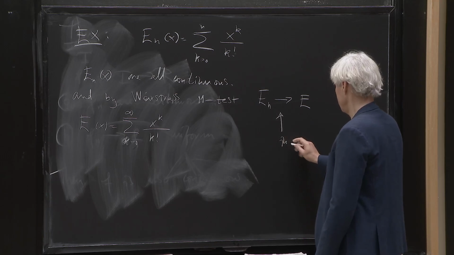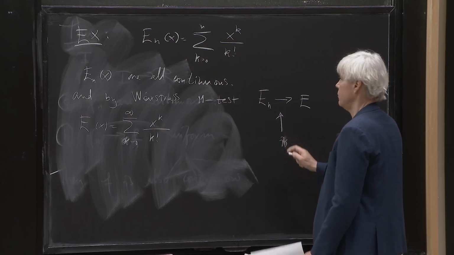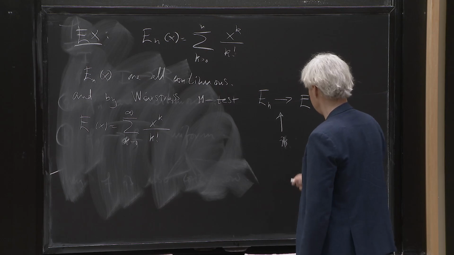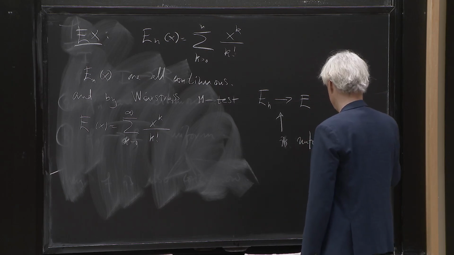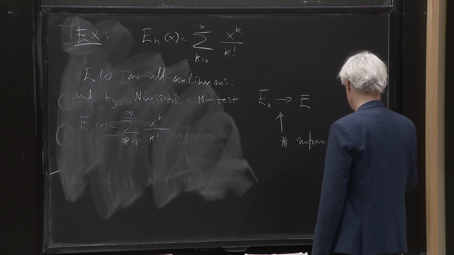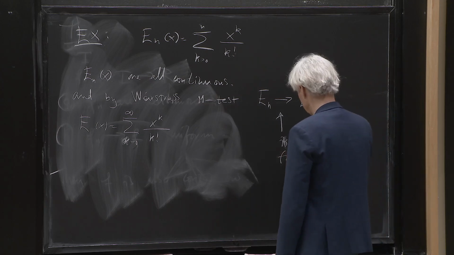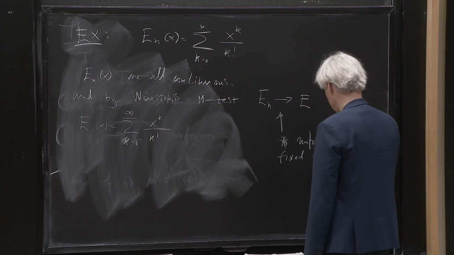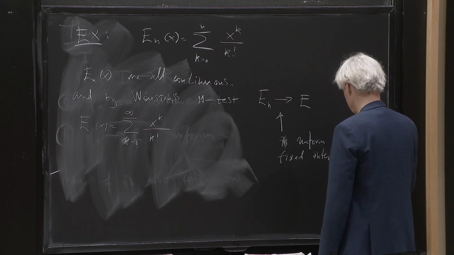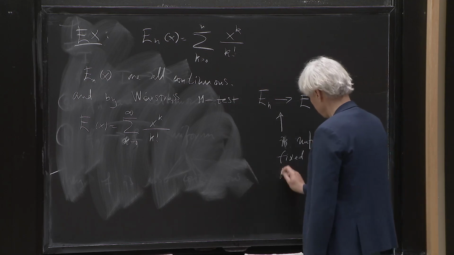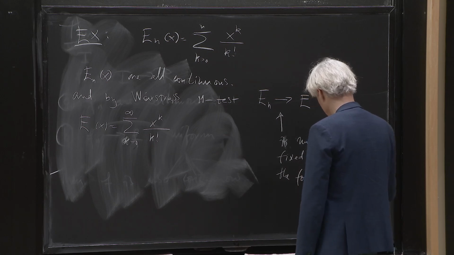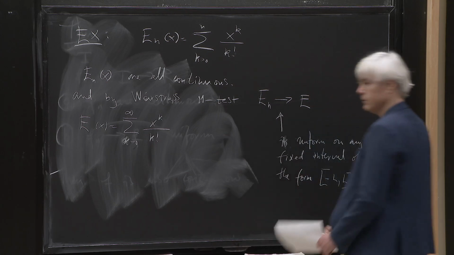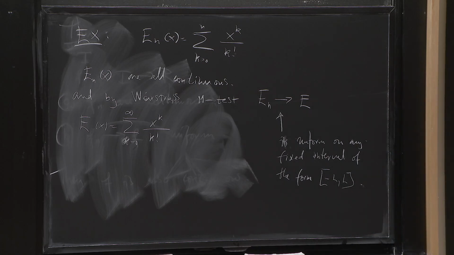It's uniform assuming that you do it on a compact interval. So it's uniform on any fixed interval of the form, say, minus L to L. If you're fixing an interval like this, then the convergence is uniform.